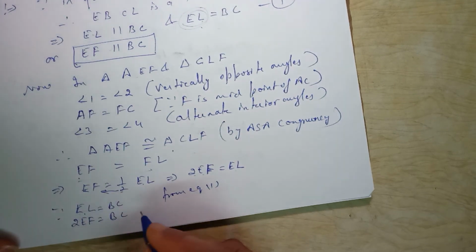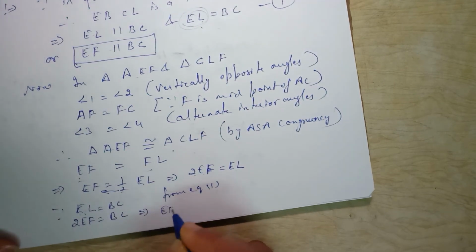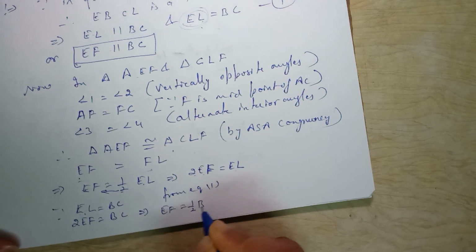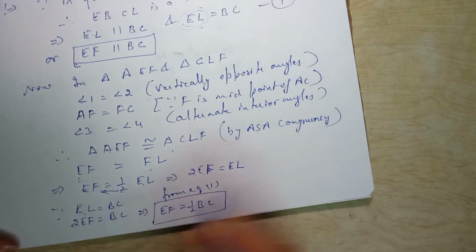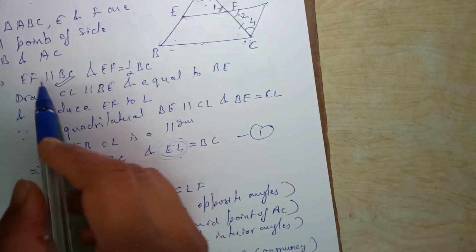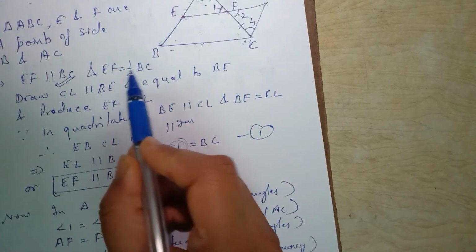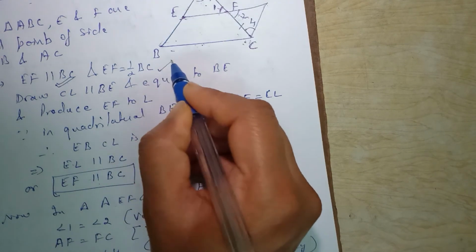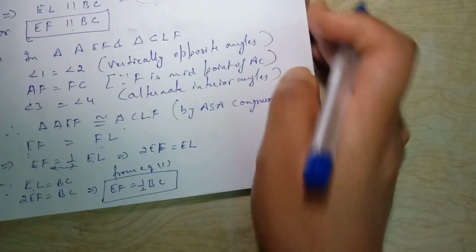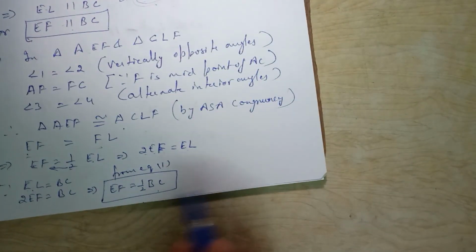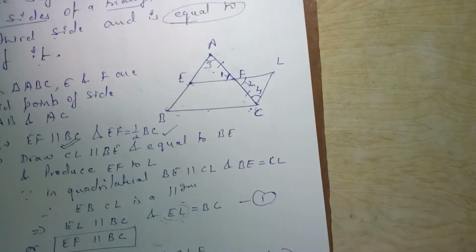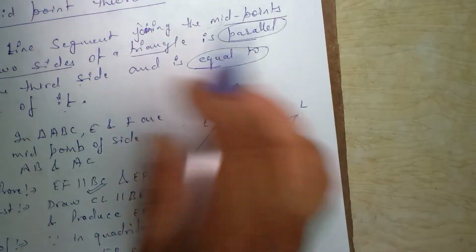Moving 2 to the other side, we get EF is equal to half of BC, which is the required thing. So first we have proved EF parallel to BC, and now EF is equal to half of BC. So this way we can prove the midpoint theorem. Thank you.